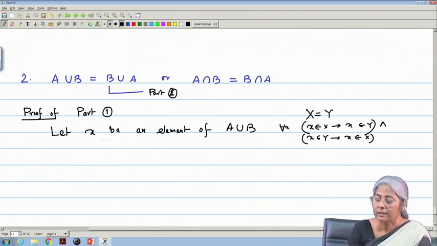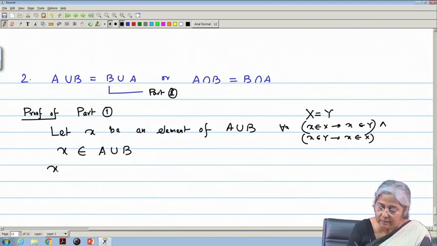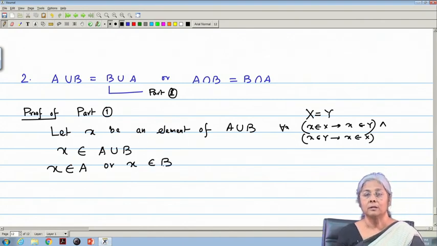So, first we say let x be an element of A union B. Since x belongs to A union B, that means x belongs to A or x belongs to B, because it is A or B or both.